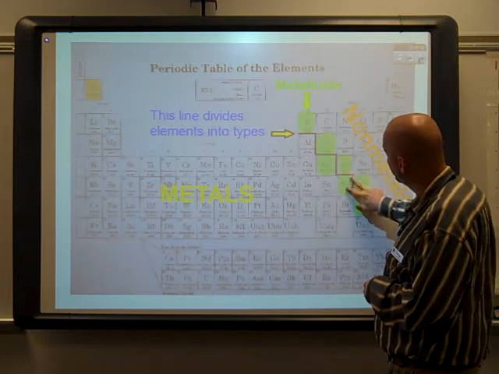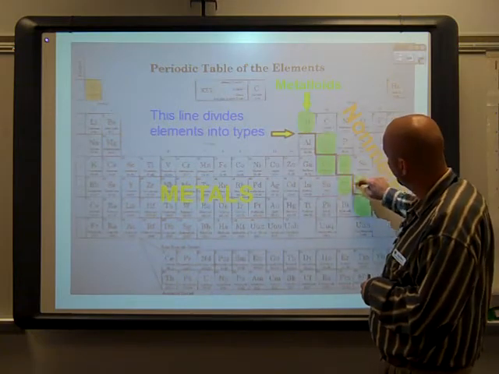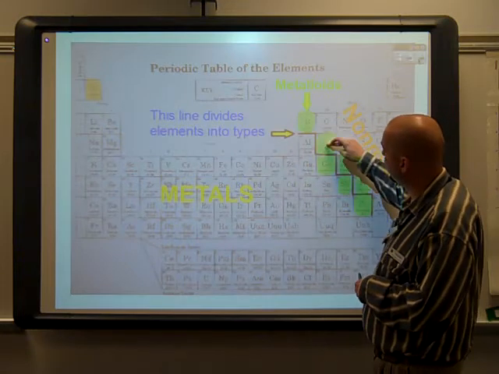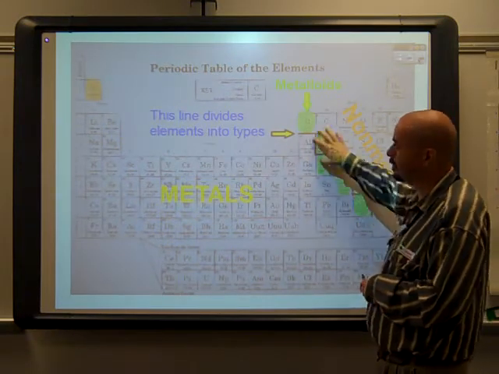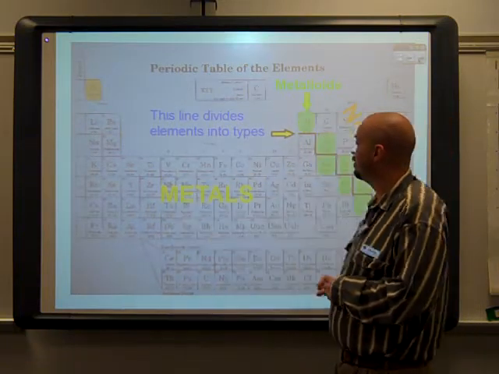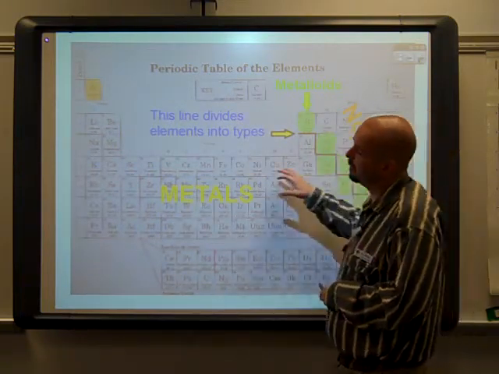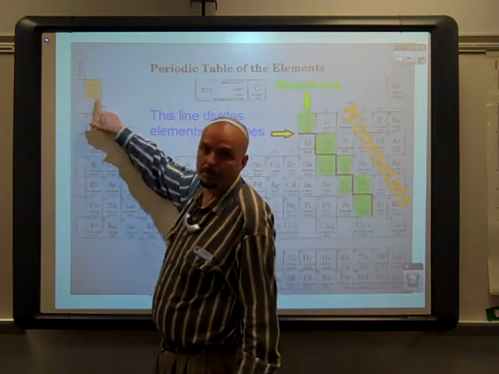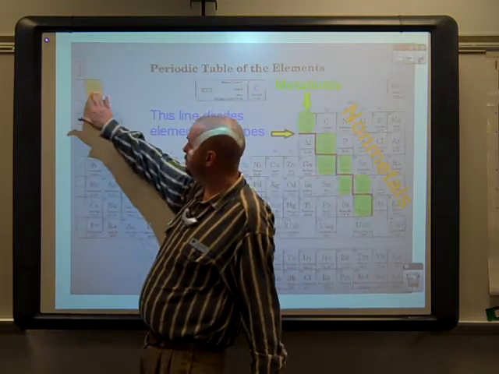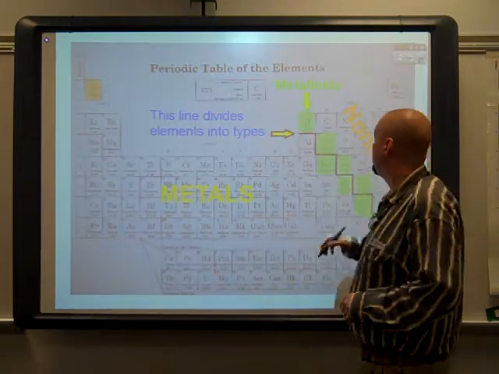So if you just remember the ones that are on the stair step above or below it, with the exception of aluminum, are metalloids. They're either above a line or they're below a line. Those are metalloids. You remember everything over to the left is a metal, everything to the right is a nonmetal. Hydrogen's that one silly exception. It's an exception to almost everything we learn in chemistry. Hydrogen's a nonmetal. You'll be good to go.